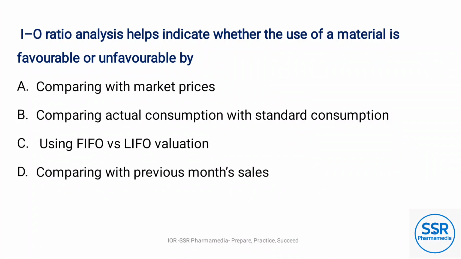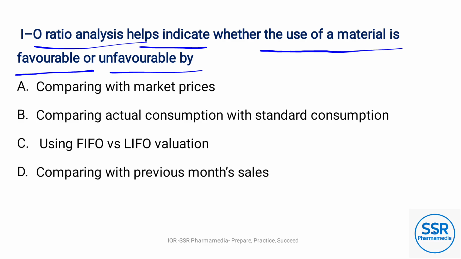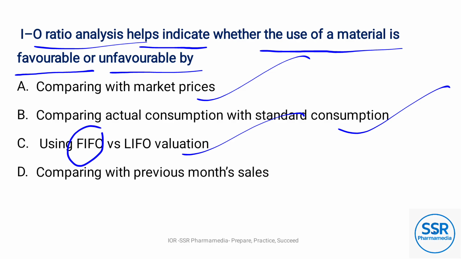Next question. Input-output ratio analysis helps indicate whether the use of material is favorable or unfavorable by: option A, comparing with market prices; option B, comparing actual consumption with standard consumption; option C, using first in first out versus last in first out value; option D, comparing with previous month sales.